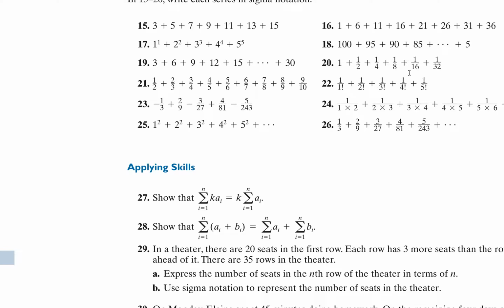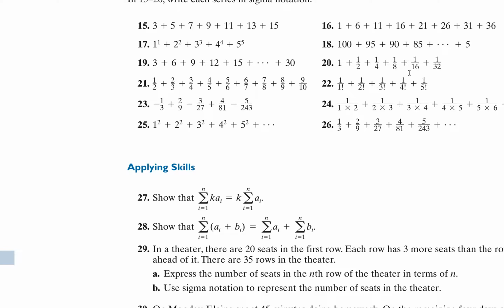Now let's take question 23. Take a look at the denominators. Are they familiar to you? Yes, they are powers of 3.